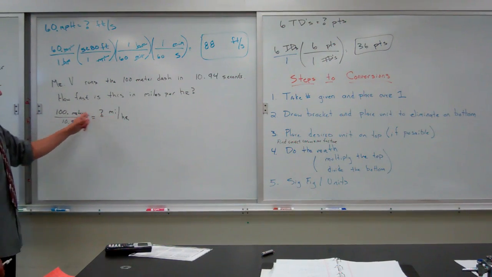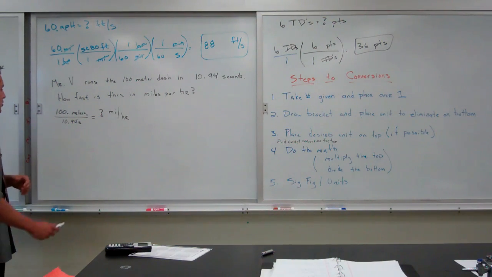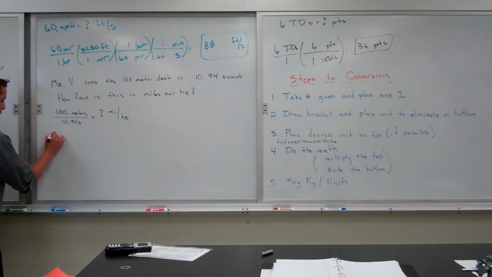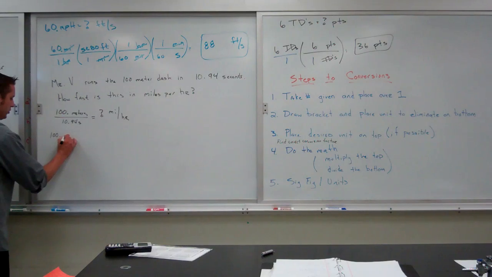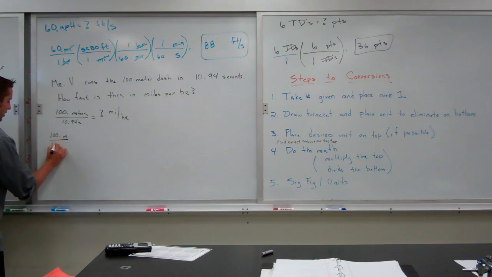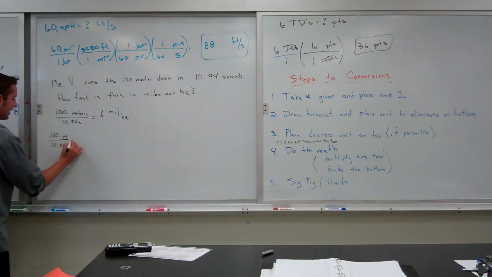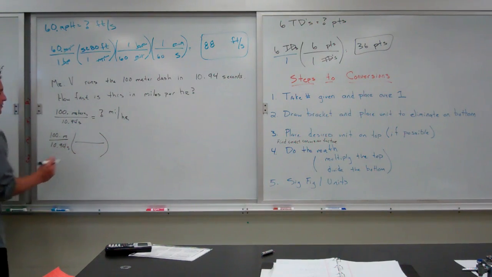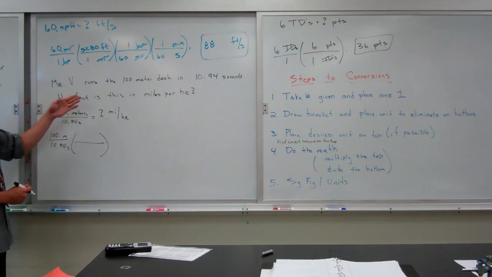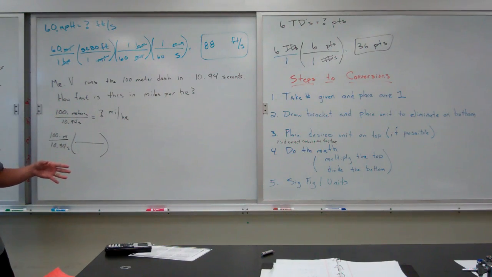Miles is distance, meters is distance, so we'll put those on top. So we have 100 meters per 10.94 seconds. Two things have to occur: I need to change meters to miles and seconds to hours.